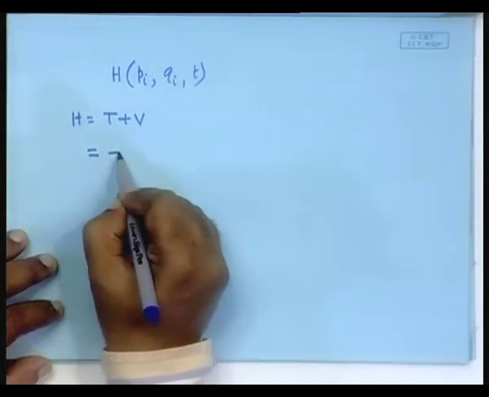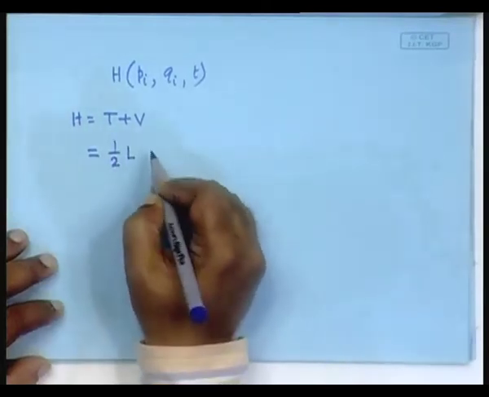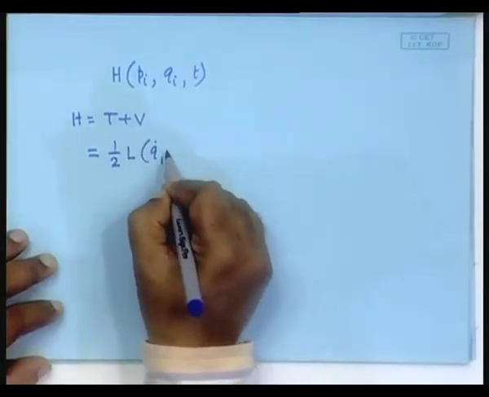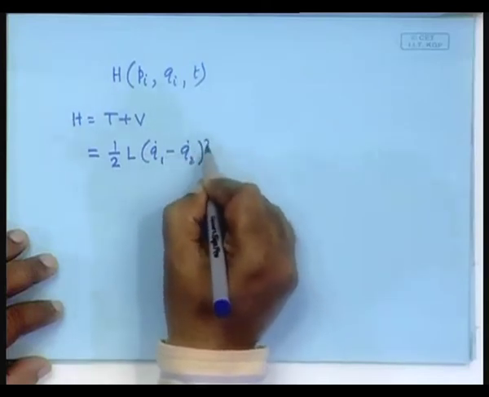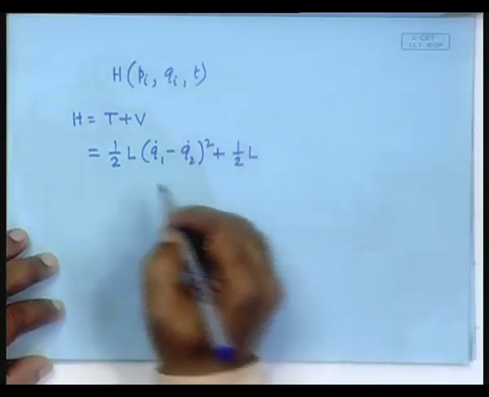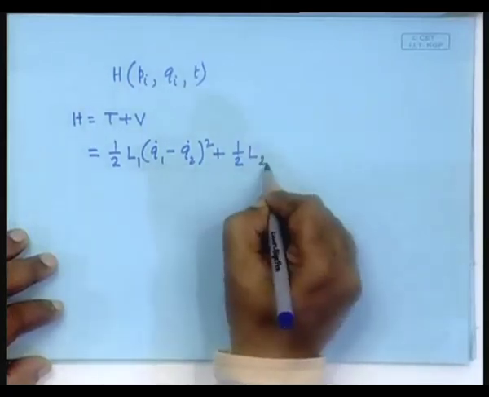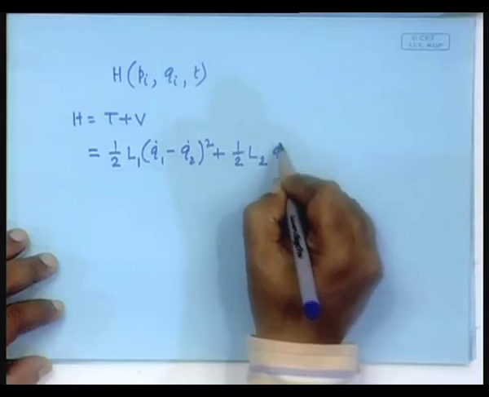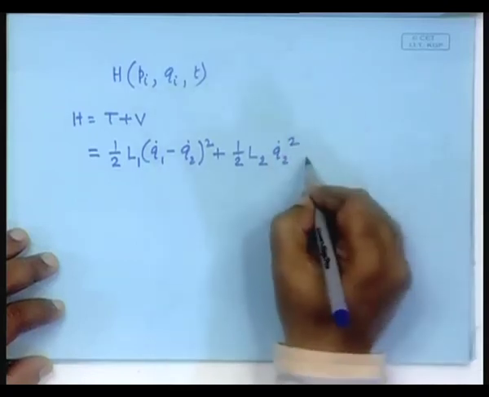We will say half L1 (Q1 dot minus Q2 dot) square plus half L2 Q2 dot square, and the other terms will be now plus.